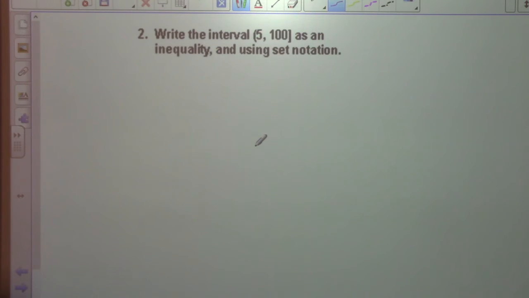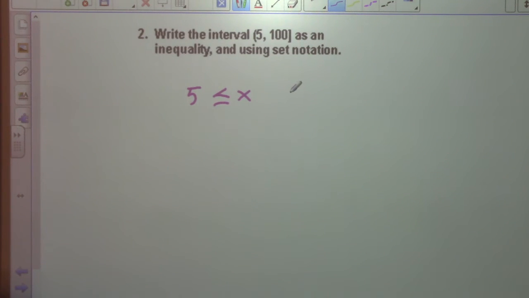So the inequality, 5 is less than or equal to x. Okay, so Carly is telling me she got 5 is less than or equal to x, is that right? And then what about the 100?